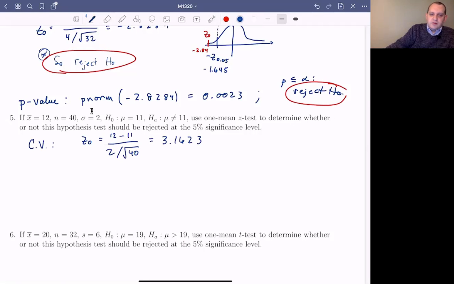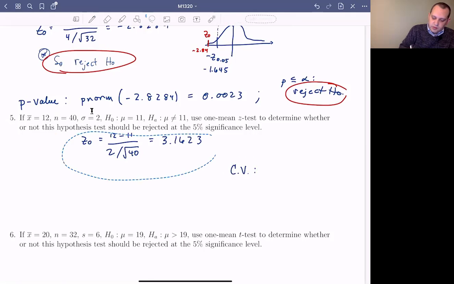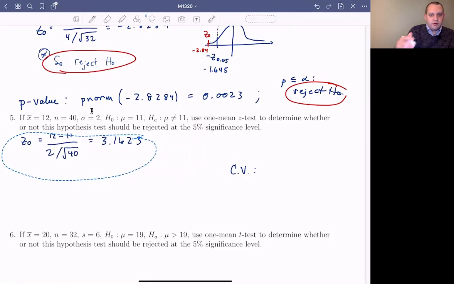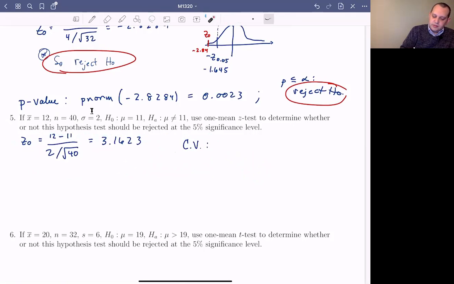And you can again either do the critical value approach or the p-value approach. The standardized value is what you would compute whether you use the critical value approach or not. The critical value approach says this is going to be a two-tailed test because the mean is not equal to 11. That means that it could be less than or greater than.